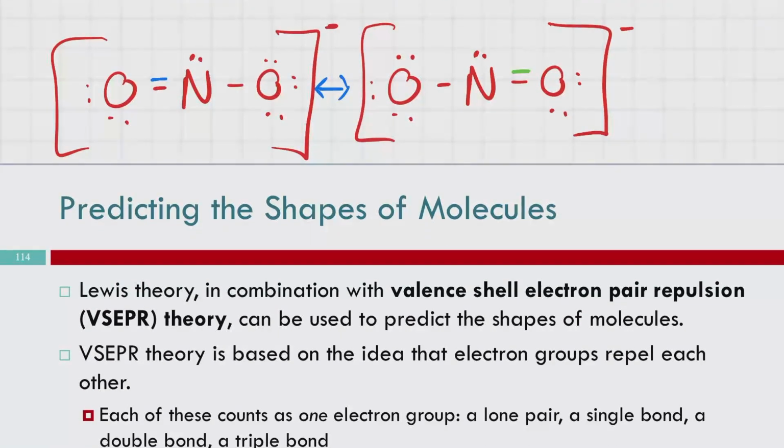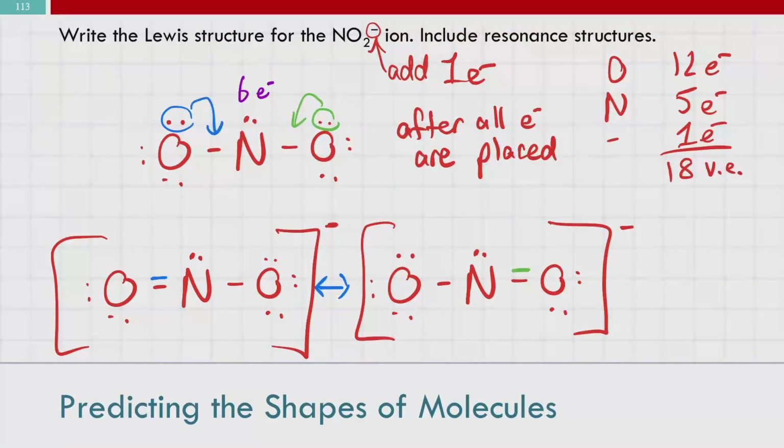Building off of that, wait, any questions first? When splitting electrons, do we prioritize the outer atoms first? Yeah, so when we're distributing our electrons, we're going to start from the outside and work our way in. That way we don't have to pull electrons from the inside out, because then we might have to make decisions about where we put those double bonds.